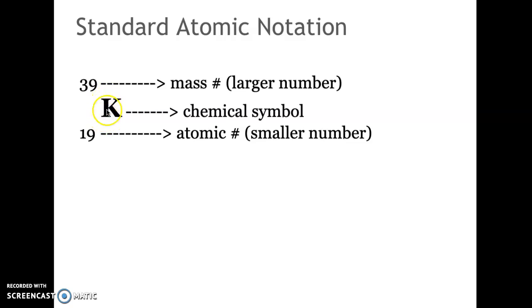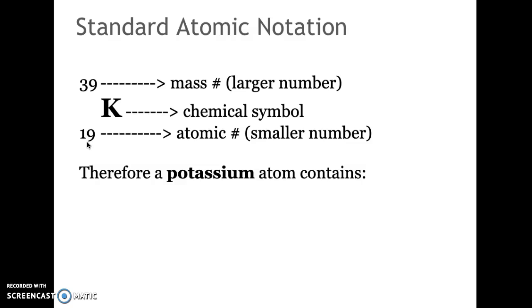So you write your chemical symbol, so K is the symbol for potassium. You write the atomic number on the bottom left and your mass number on the top left. So you're basically on your periodic table, you're going to swap those two places because now we've set up a nice little subtraction to find the neutrons.